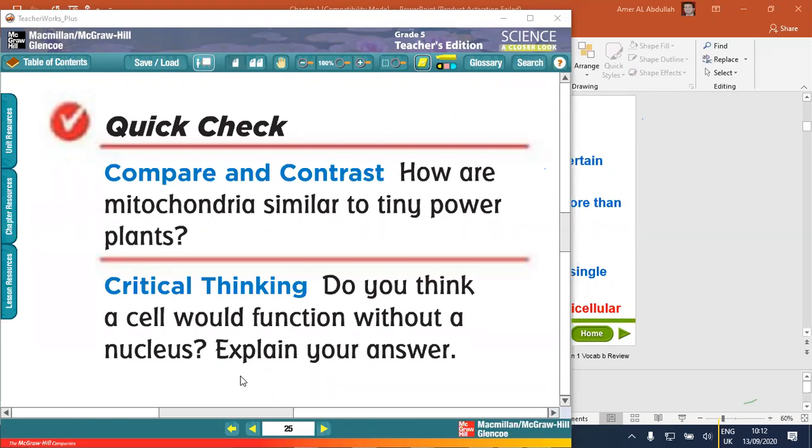I don't think it can function without a nucleus. The nucleus controls the cell's activities. A cell would not be able to break down food, to provide energy, grow or move without a nucleus.